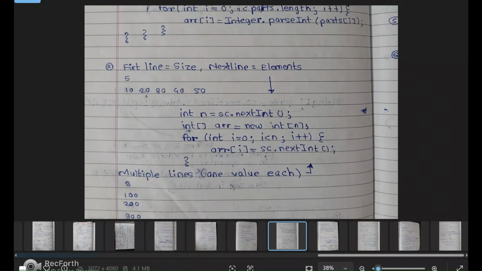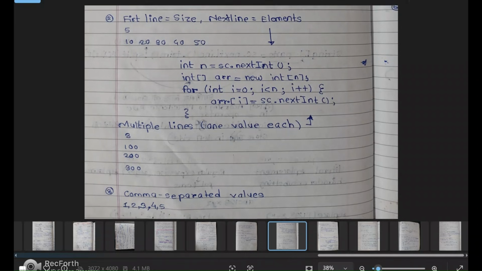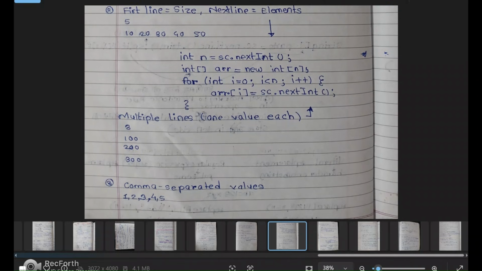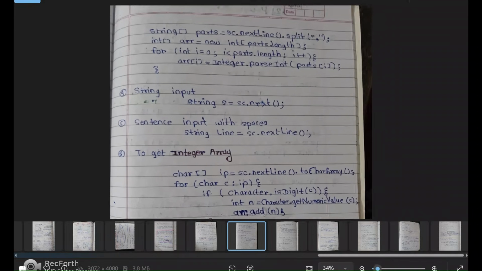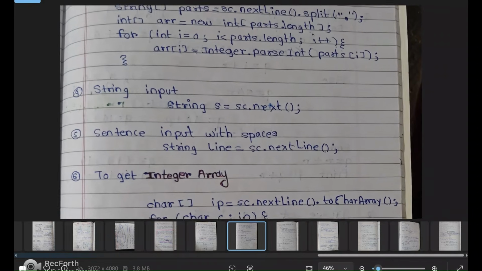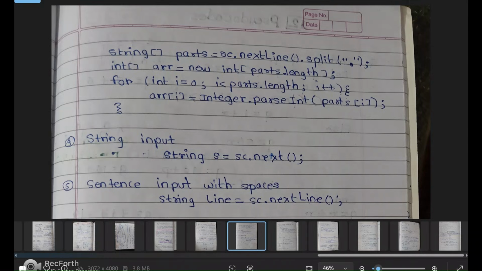Again, they might ask you to take the first line as the size of an array and then the elements. You can write this code for that. If they ask us to take values in this format with comma separated values, you can simply take the input string and split it with the help of a comma.